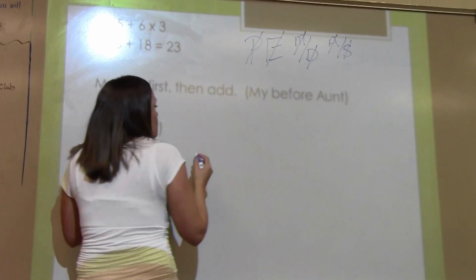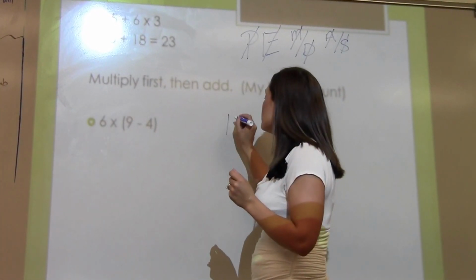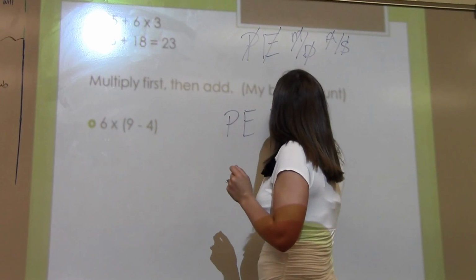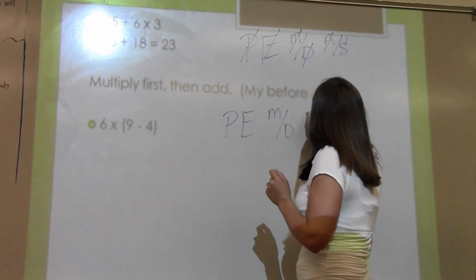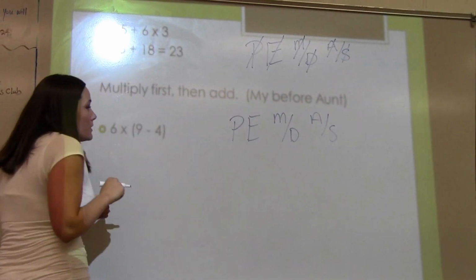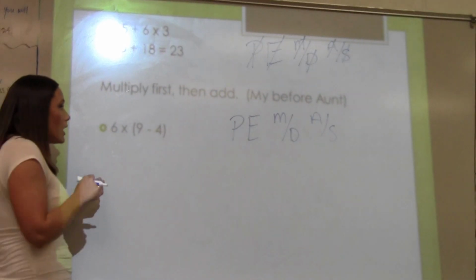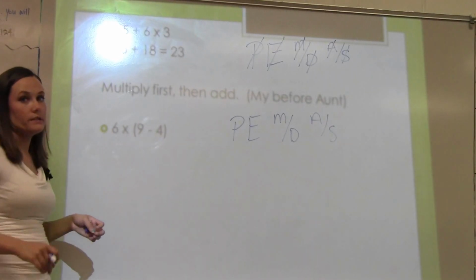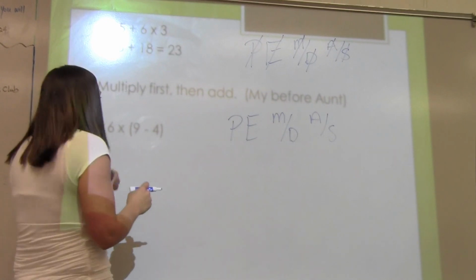If we're going to start this problem, what do we have to write down first? Our formula. Please Excuse My Dear Aunt Sally. Are there any parentheses in this problem? Yes, there are. So we're going to take care of these. What's going on in the parentheses? Subtracting. So we've got to subtract.